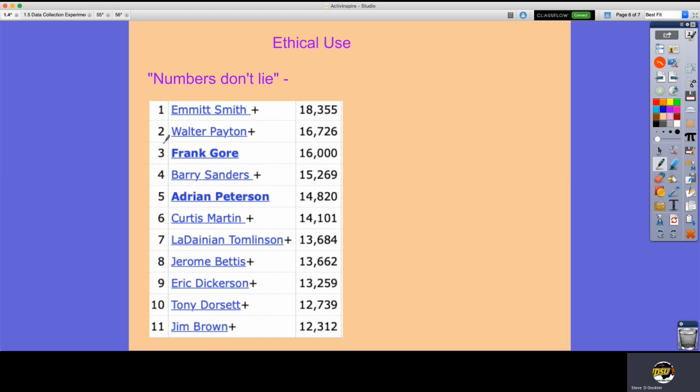This one is very interesting because Frank Gore, to be number 3 on any list, I don't care who you are, means you had to be kind of sort of good. If nothing else, you could say he was good enough to be on a team to actually get the ball for, I think, 16 or 18 years.